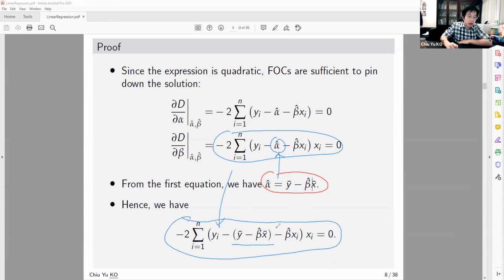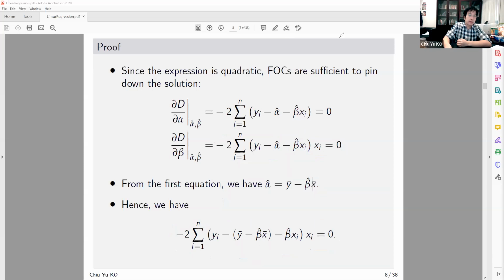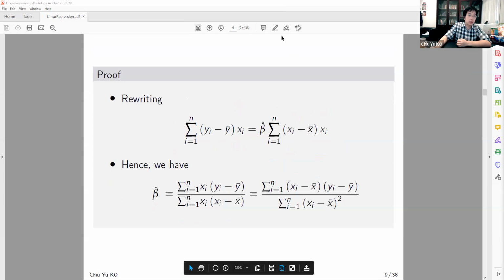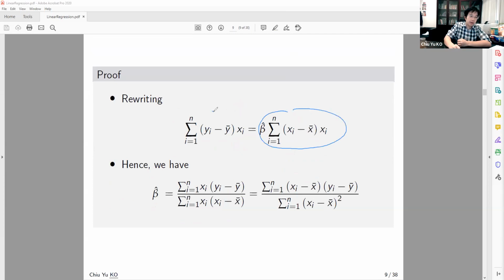Okay, so what we do is we collect the things with beta on one side, and without beta on the other. Just make beta the subject. So there's nothing deep here. You put things with beta on one side, things without beta on the other side, and you make beta the subject, so that's why you have this fraction.